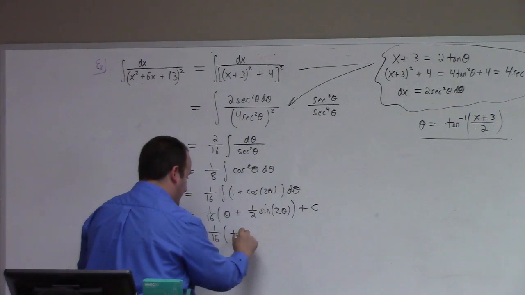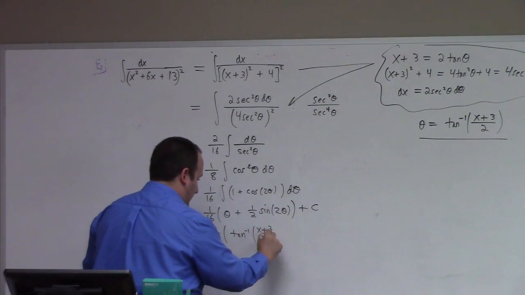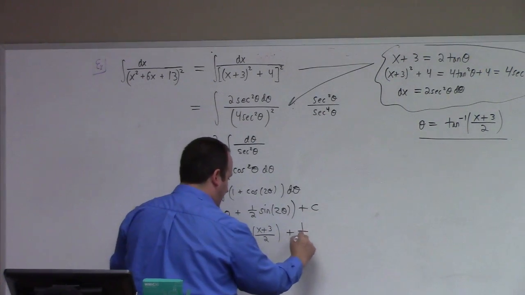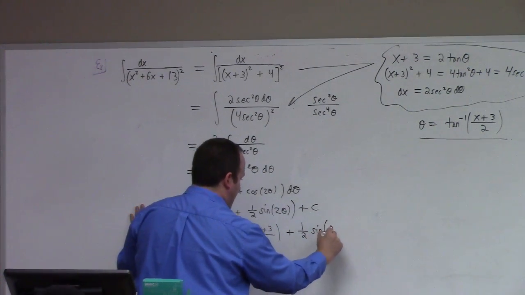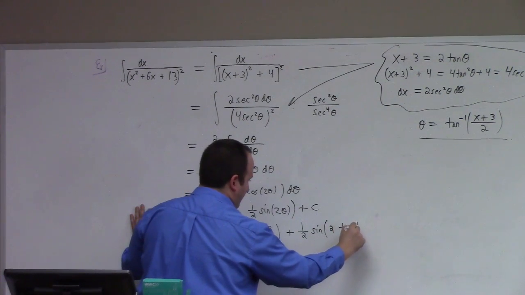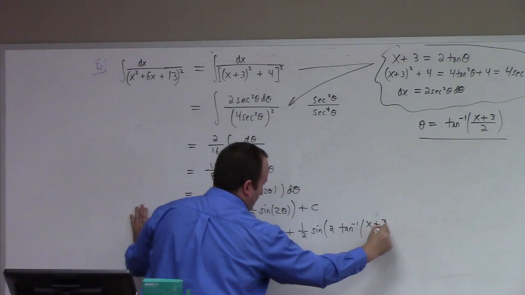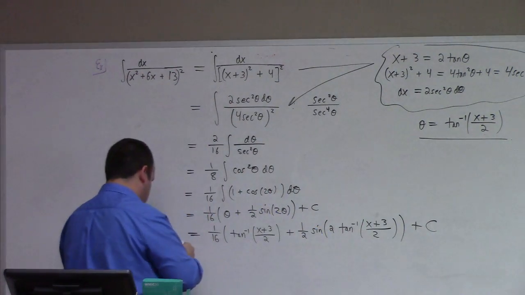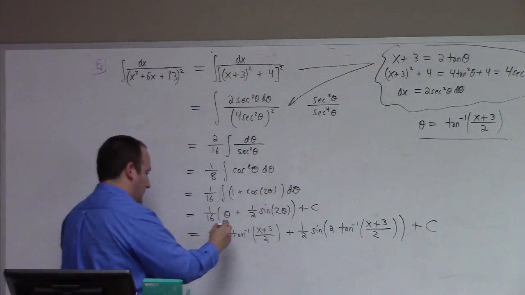Inverse tangent of x plus 3 over 2 plus 1/2 the sine of 2 times inverse tangent of x plus 3 over 2 plus a constant. And there you have it.